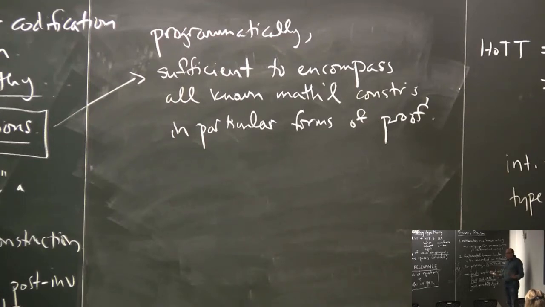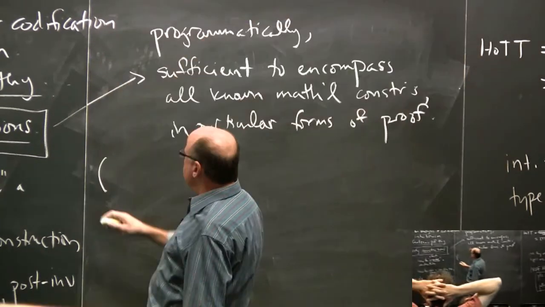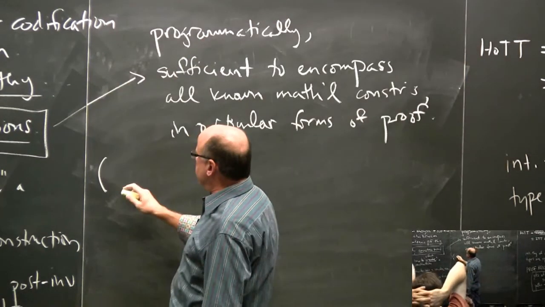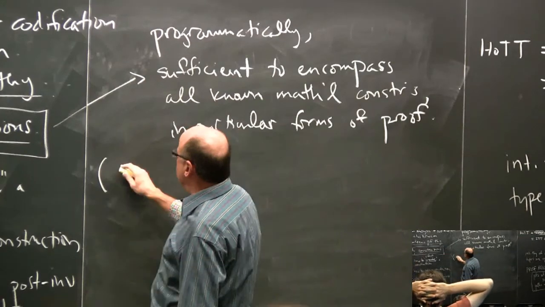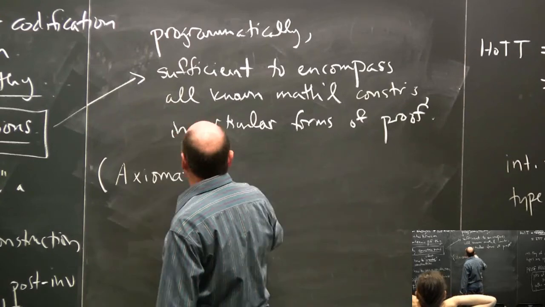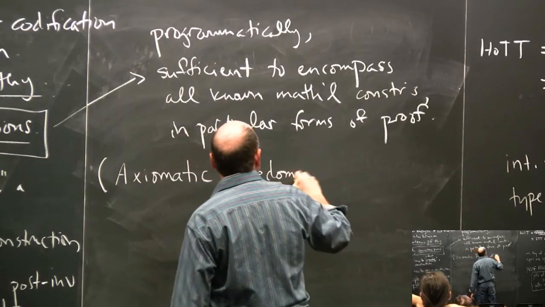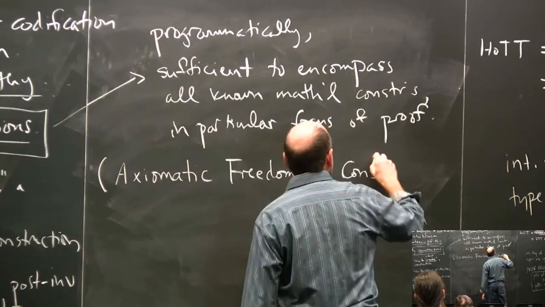But it is very important for the purposes of everything I've said so far that the theory be constructive. And the reason, which I want to flag as an aside that will come later, is the idea that is central: what is called the axiomatic freedom of constructive mathematics.